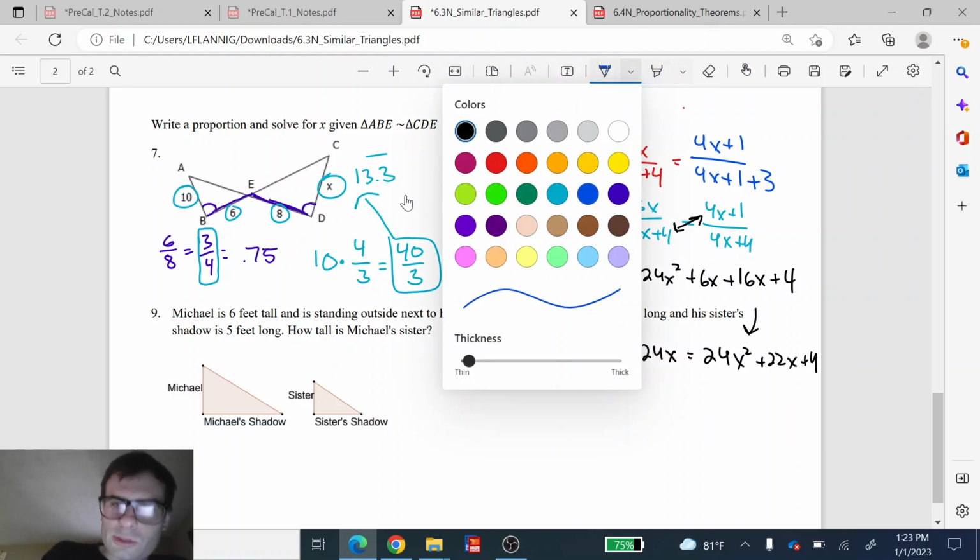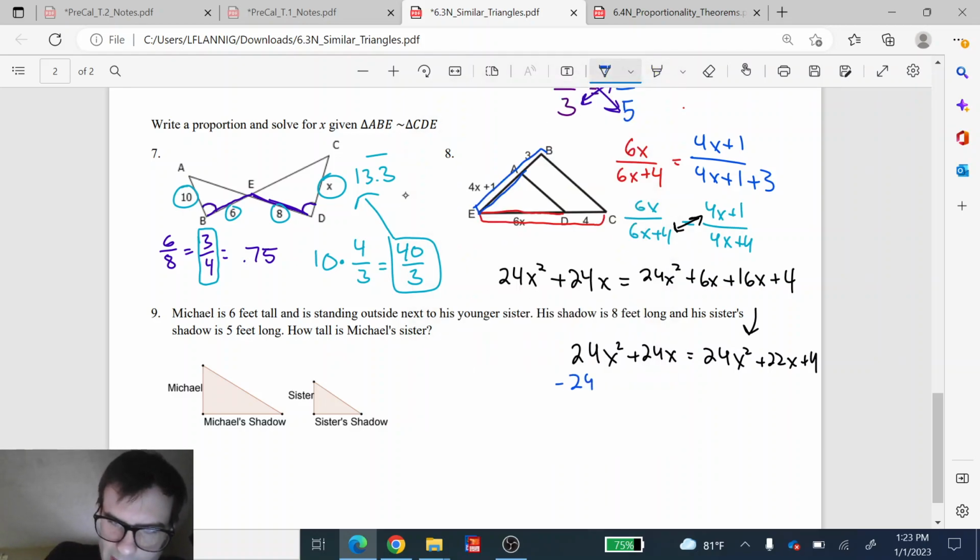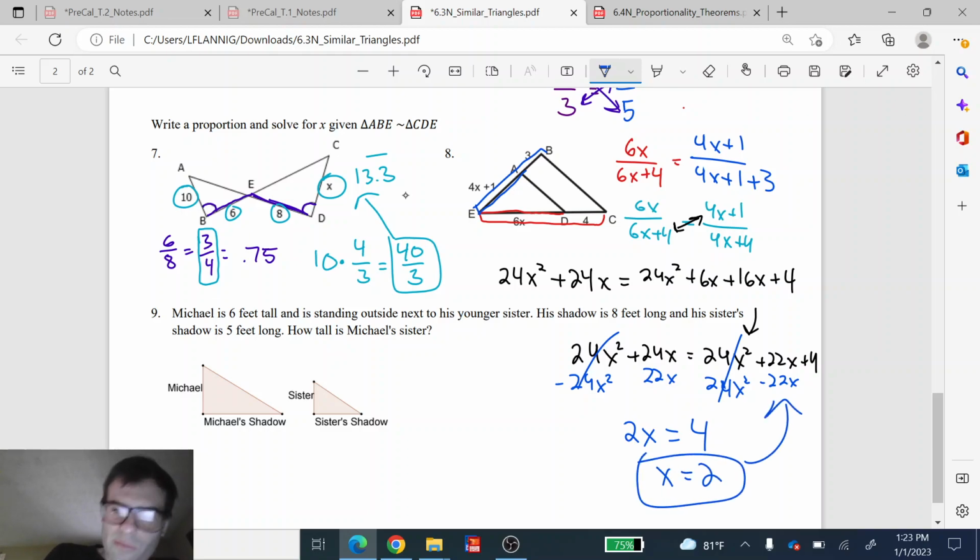What's nice is you can subtract 24x squared on both sides, and that completely cancels these out, which is nice. And I can subtract 22x on both sides, which won't cancel it out completely, but it will make it a lot easier to work with. So we have 24 minus 22 is just 2. And then we just have 4 on this side, so 2x equals 4, and x equals 2. Now that's a harder problem, but we did it. Good job, us.